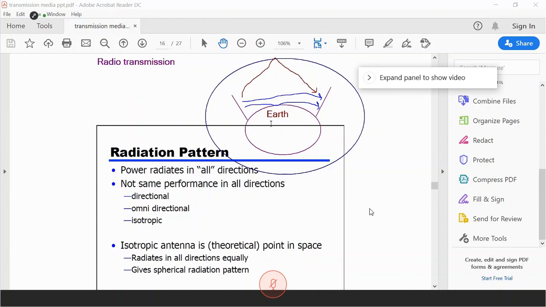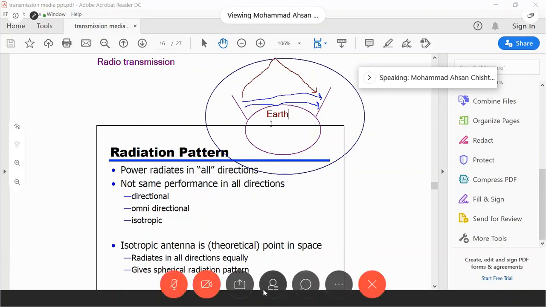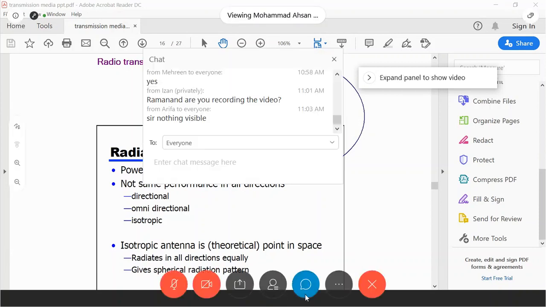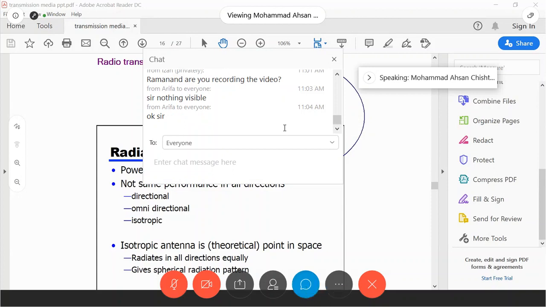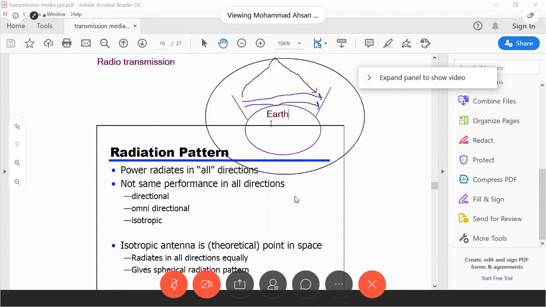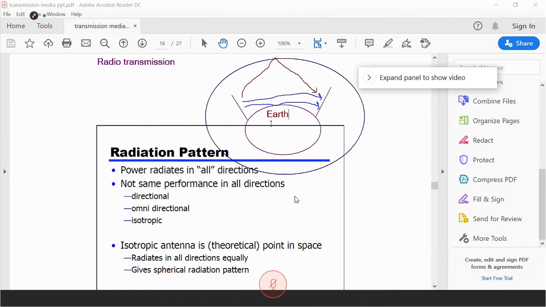I'll wait for a little while. I think there's a lag from your end. Now, if you can see it now, the center one is the earth. The two lines on the two sides are the transmitters. The first line is the ground waves. One is reflected by the ground, another is the direct one. And the third one is touching the ionosphere and getting reflected from the ionosphere.